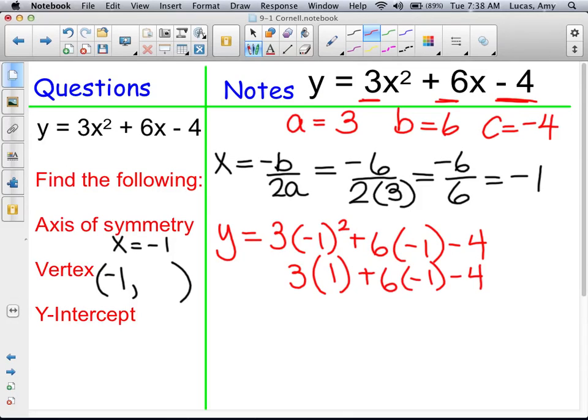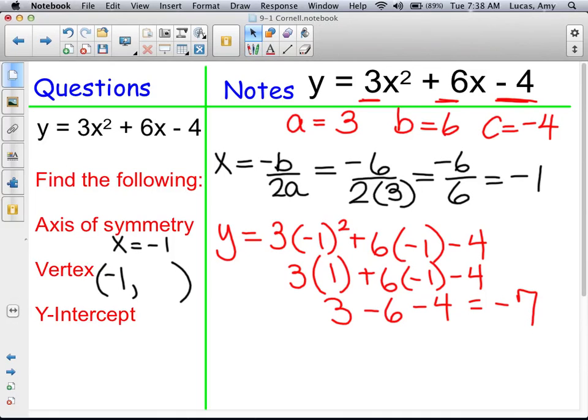Then I can multiply from left to right. And last, add or subtract from left to right. 3 minus 6 is negative 3, minus 4 is negative 7. So my vertex is negative 1, negative 7. My y-intercept is simply the value of c, so my y-intercept is negative 4.